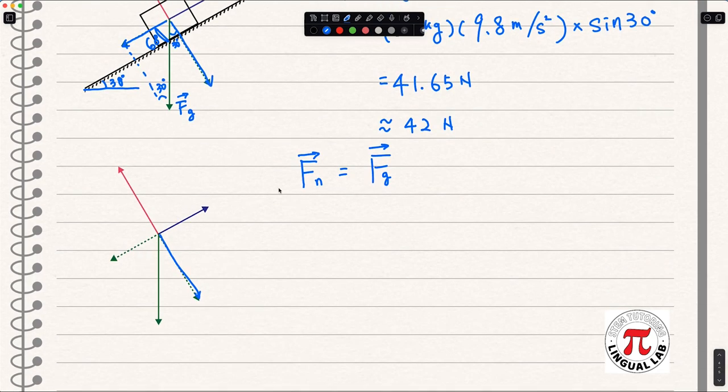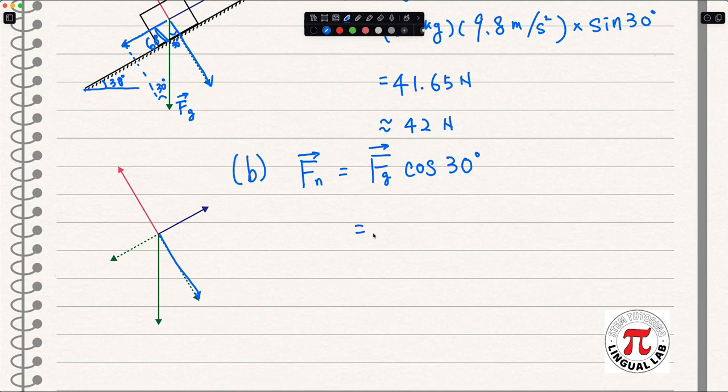We need to calculate this. This time we have the cosine 30 degree. Therefore, normal force equals the gravitational force times cosine 30 degree. This is a way to calculate the second question.